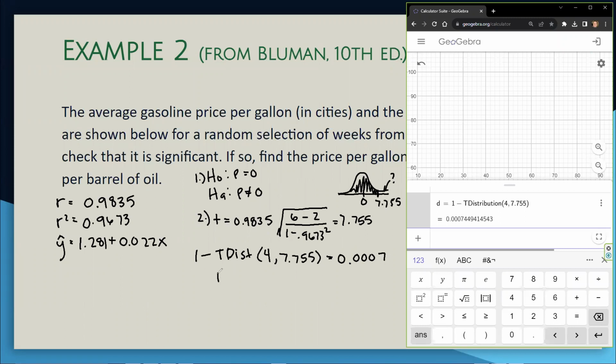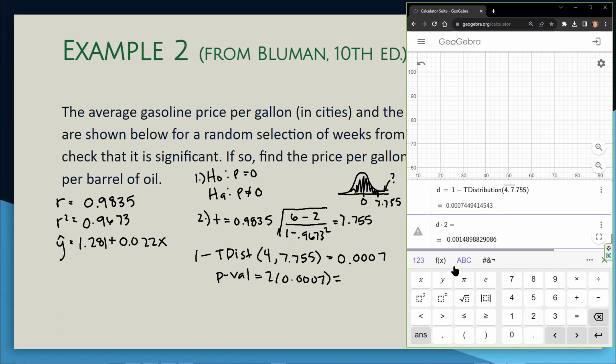And that tells me my p-value is going to be twice that. I didn't make a mistake because the software does that automatically, and I forgot. So pardon my brain farts. So we're going to take this number and we're going to multiply it by 2. So 2 times that gives us 0.001489, so 0.0015.